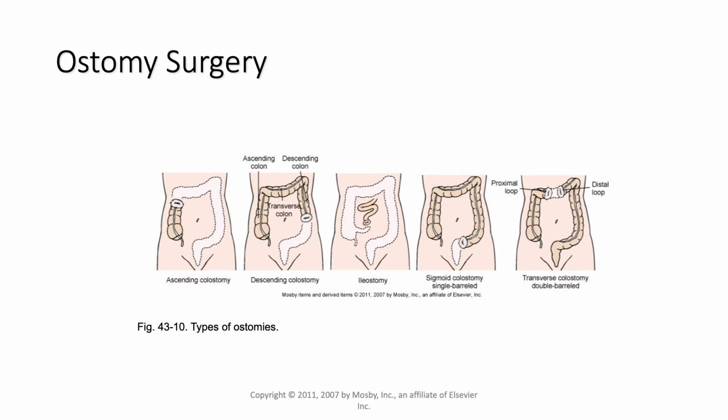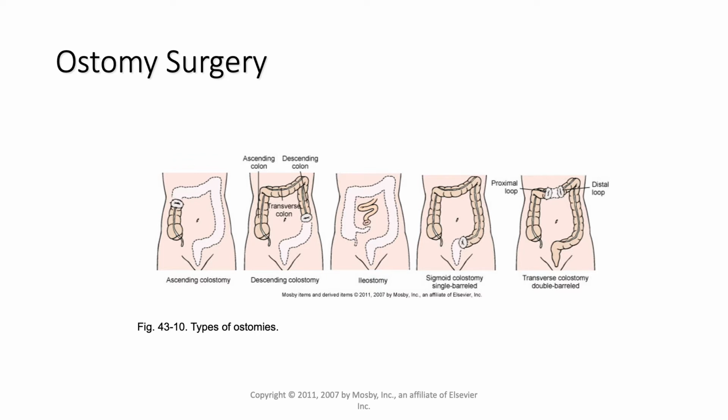So, starting from the left and moving towards the right, this is where the ostomy would be placed for a problem with the ascending colon. The descending colon, you can see it's on the opposite side, where the colostomy might be placed. An ileostomy would be an ostomy that ends at the end of the ileum.